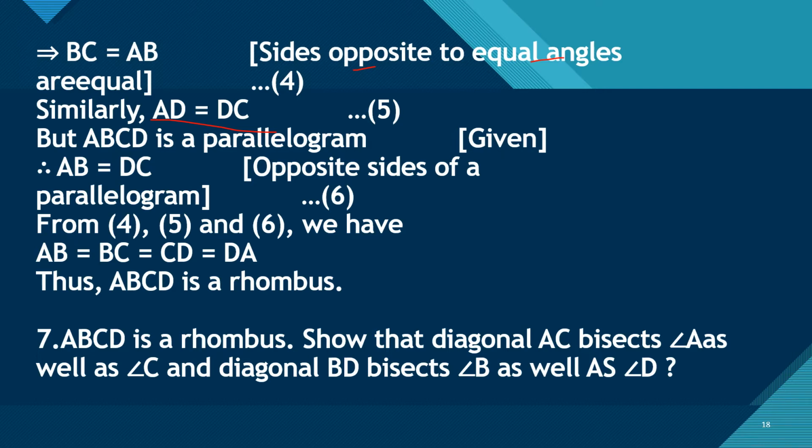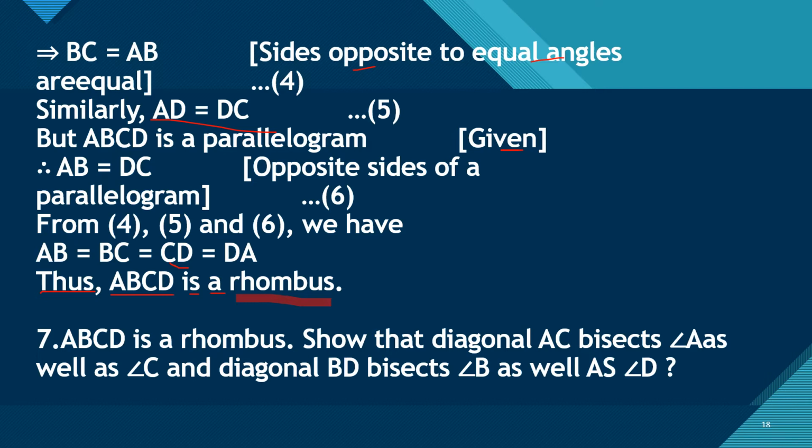But ABCD is a parallelogram, as given. Therefore AB is equal to DC, opposite sides of a parallelogram, the sixth equation. So from 4, 5 and 6, we have AB equal to BC, BC equal to CD, and CD equal to DA. Thus ABCD is a rhombus.